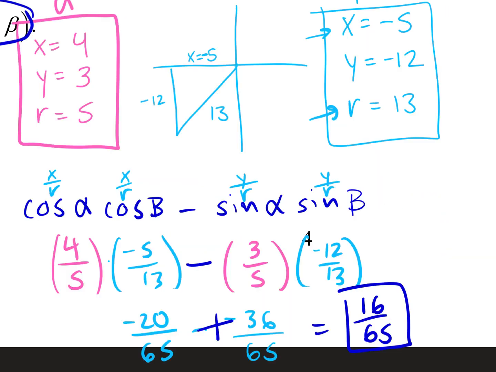Let's say, neither one on the review is this, but let's say you were given tangent of u is equal to negative 3 over 4, and you are in quadrant 2. Tangent is what over what? Y over x. How do I know which one the negative's going to go with?